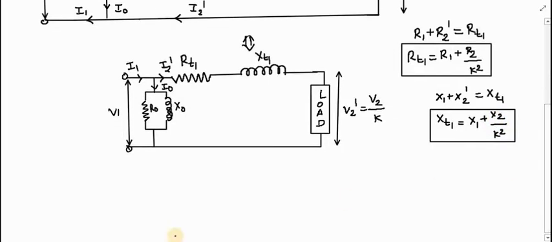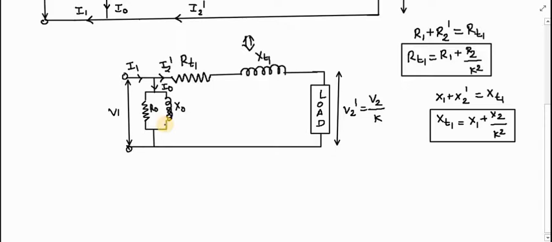Now students, for studying the effect of the load on the secondary terminal voltage, the equivalent circuit is frequently further simplified by dropping altogether the shunt circuit, which consists of your R0 and X0.